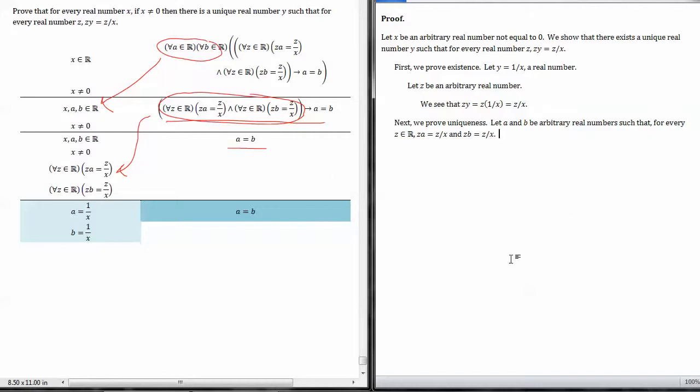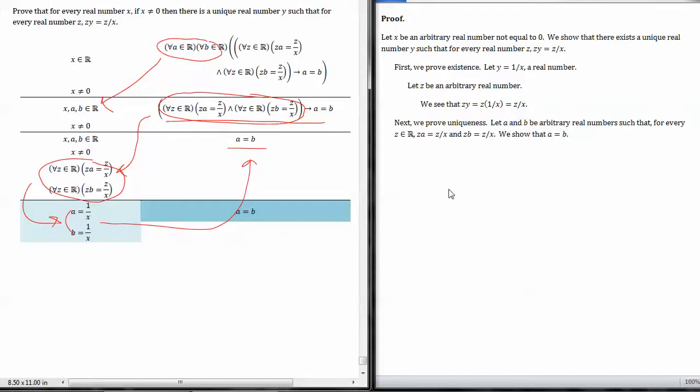And our goal is to show that a equals b. So we show that a equals b. All right. And then finish up. We did a couple universal instantiations to get from these down to these statements, and that gives us what we want, a equals b.